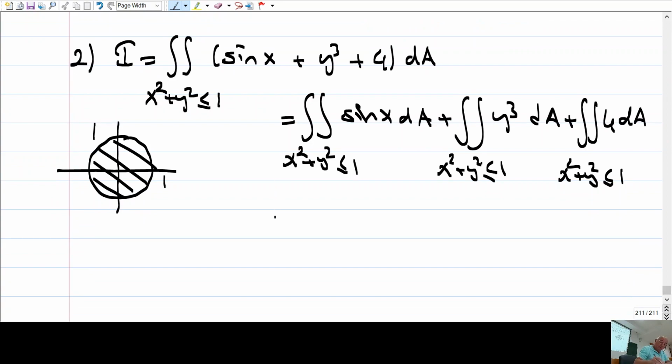And let's look at these integrals one by one.